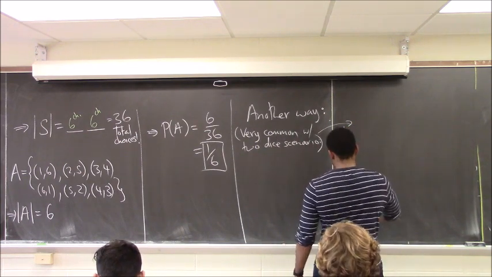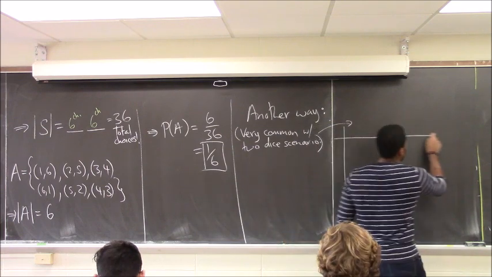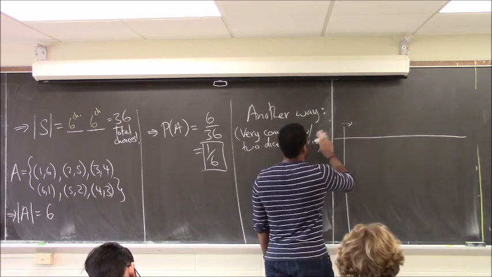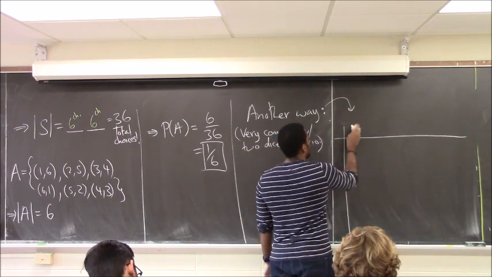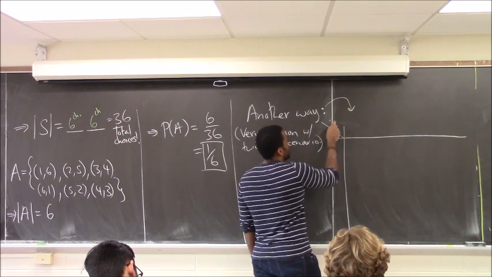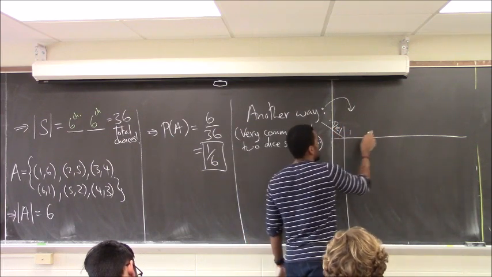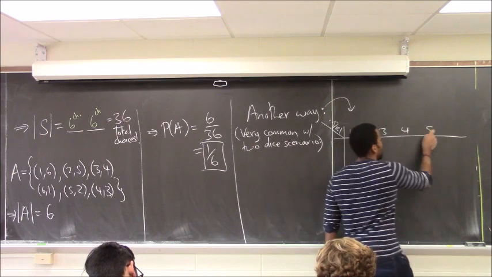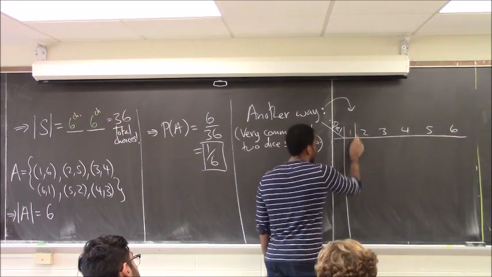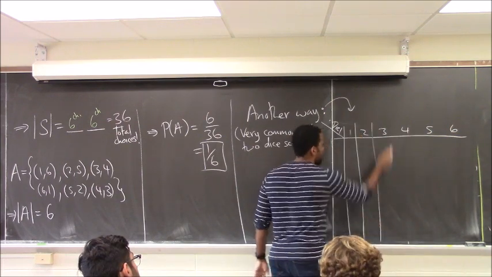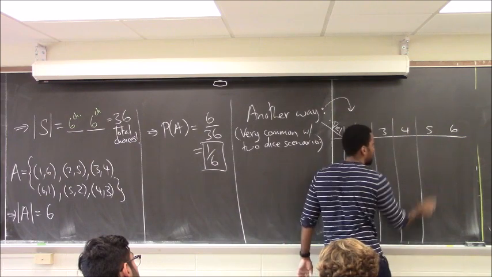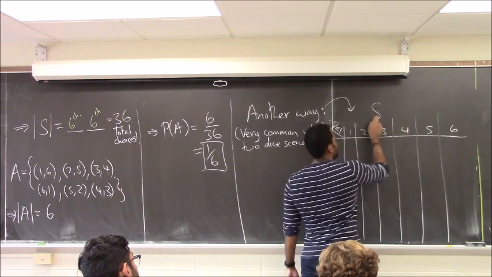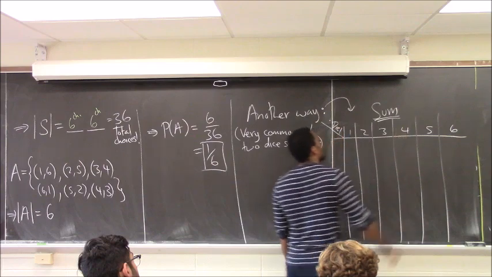So I showed you guys how to set up a table with dice before. You put the options for die 1 along the top, 1, 2, 3, 4, 5, 6. I'm going to create a table where I'm finding the sum.